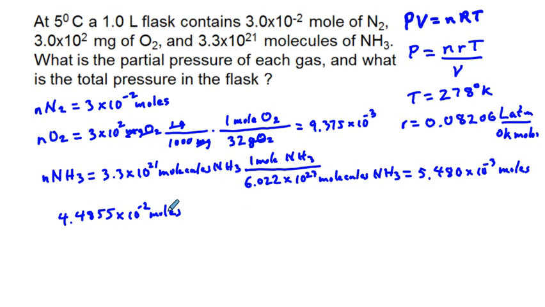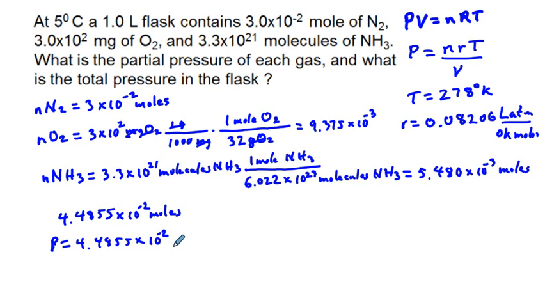So next thing we're going to do is find our total pressure. We'll get it by taking all these together, and that's this one right here, nRT over V. So total pressure is going to be equal to 4.4855 times 10 to the negative 2 power moles.